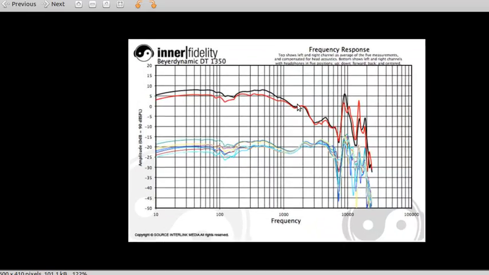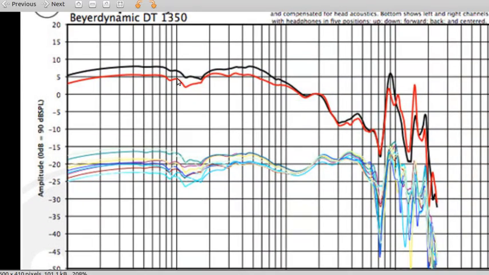We can see that the dt1350 is far from the golden curve, but we know that it sounds quite good.